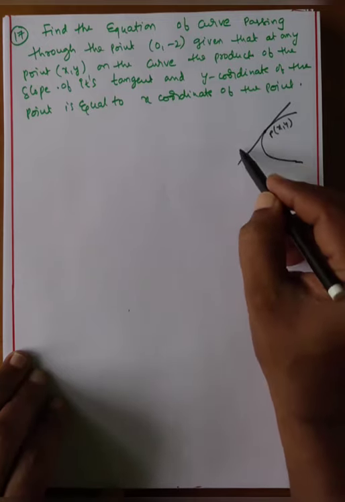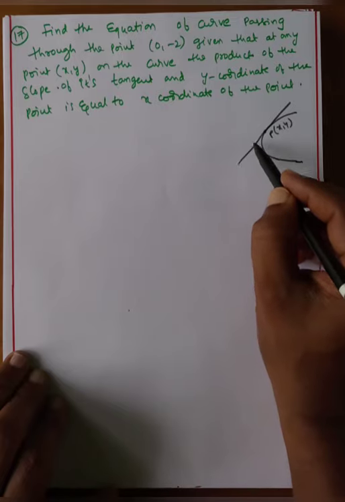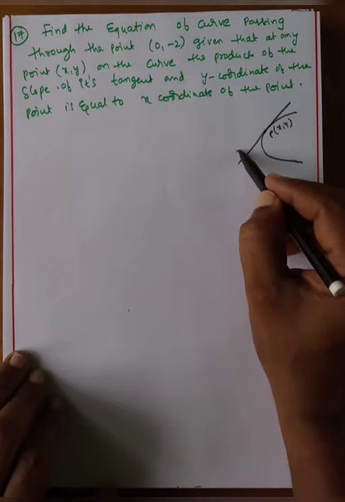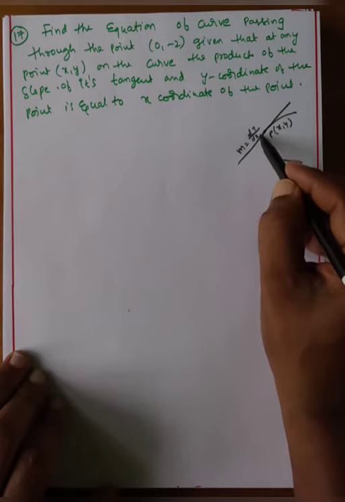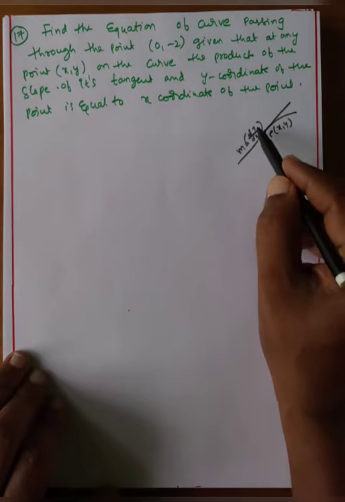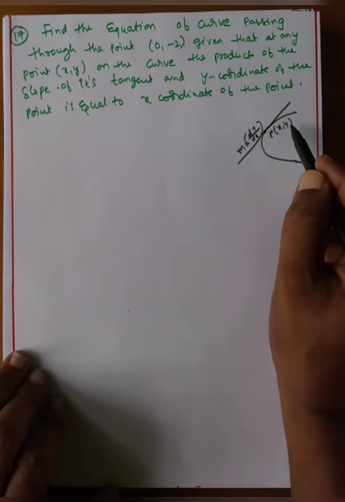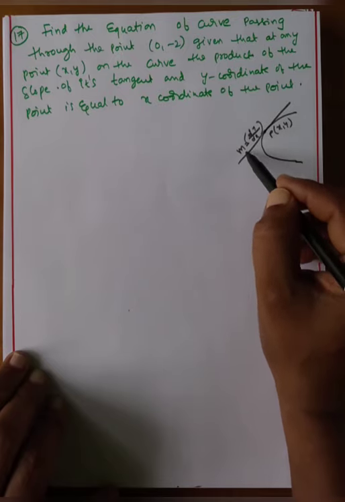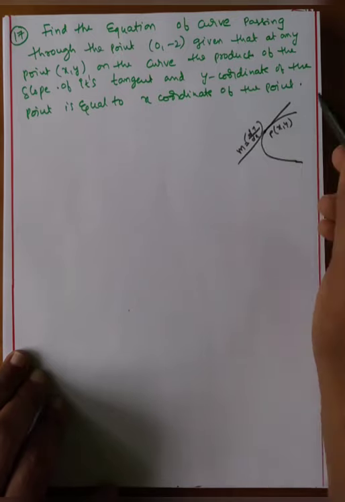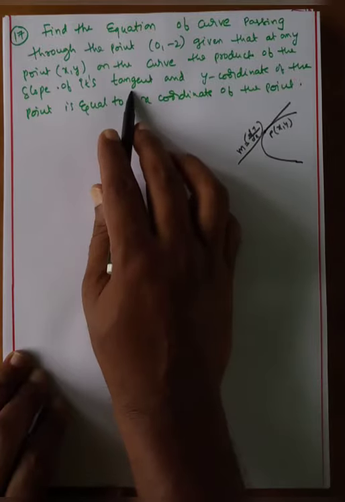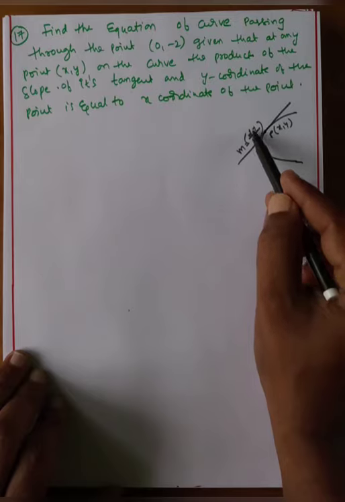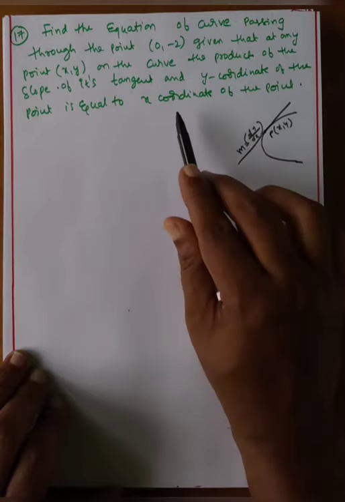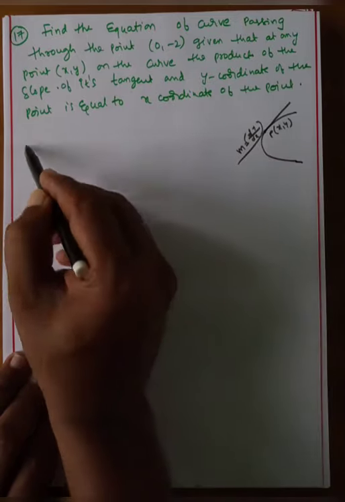The slope of the tangent at P is m. To find m, differentiate the given curve, so the slope is dy/dx. The slope of the tangent times the y coordinate, dy/dx times y, is equal to the x coordinate. What is the given condition?